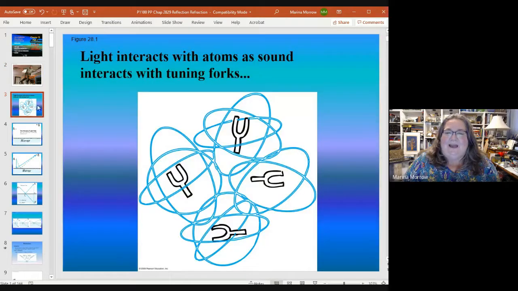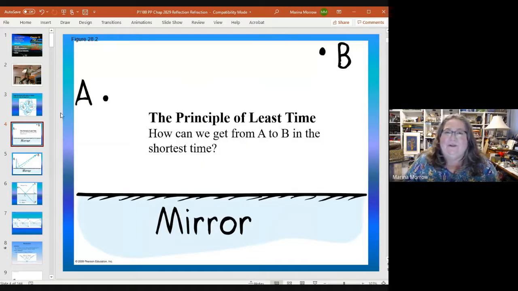Okay, so let's look at the reflection. So we've talked about how light will interact with atoms, just as sound interacts with tuning forks, your book says. But the idea is yes, light will give energy to electrons, it interacts with them, and then it can be repelled or released as a reflection. Okay, now there's the principle of least time, which we aren't really going to cover, but go ahead and read about it. But the idea is that the path that light will take is the shortest time to go from A to B, where it actually has to hit the mirror.